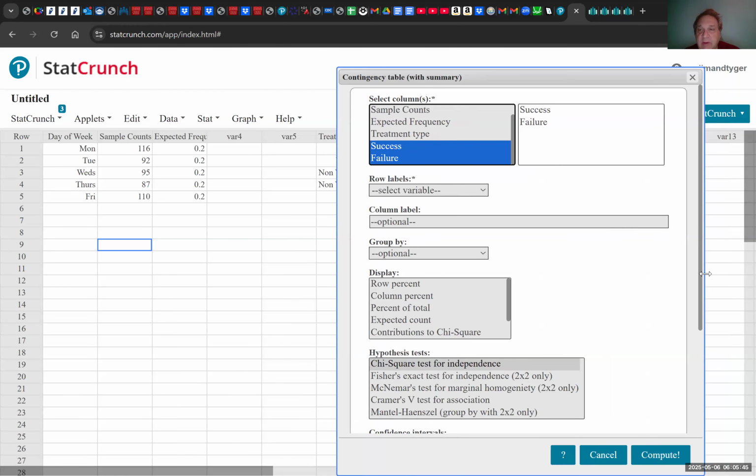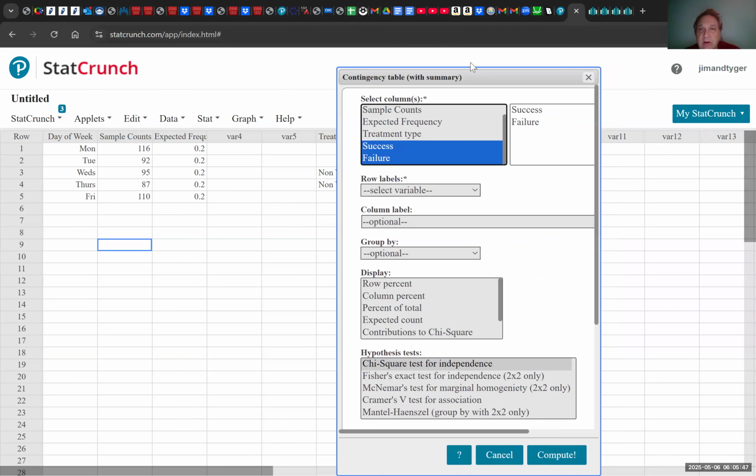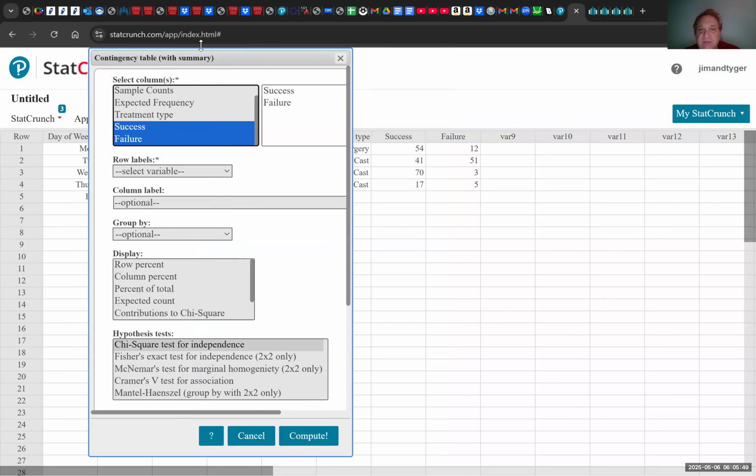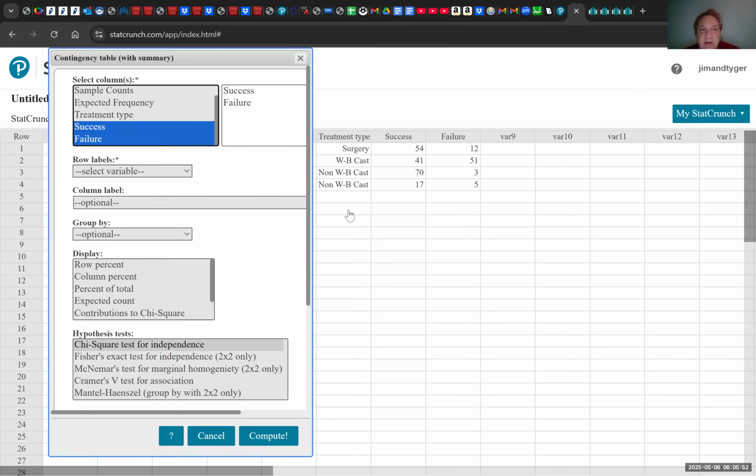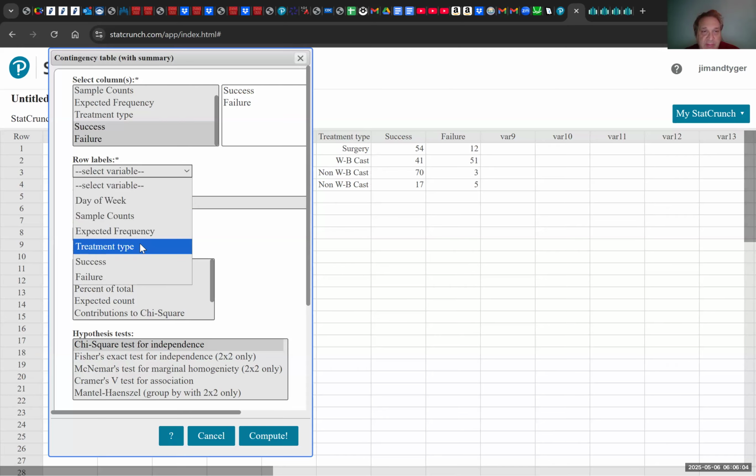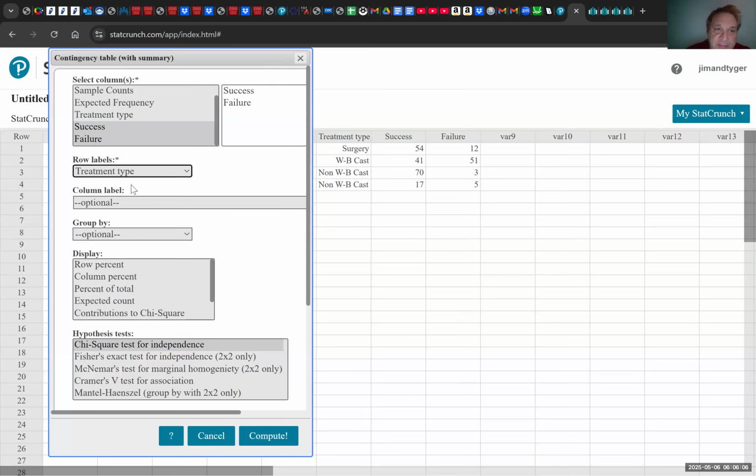Let me make this a little smaller so you can see more. The treatment type right here is showing all the row labels. So this row here is surgery, etc. So I'm going to go down to treatment type. There we go. That's our row label.